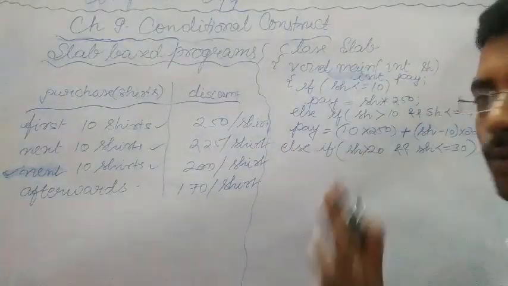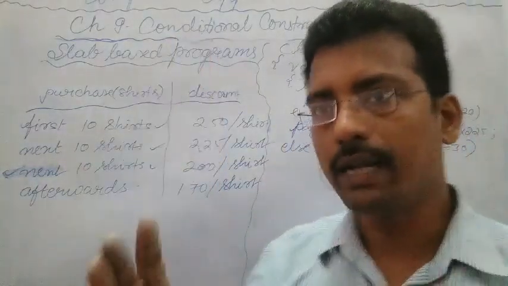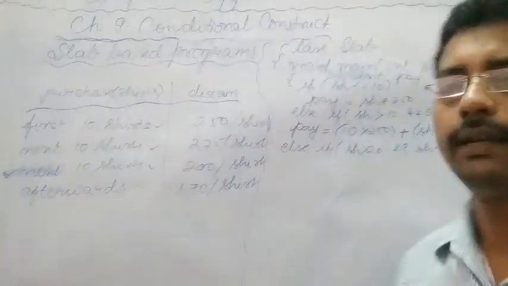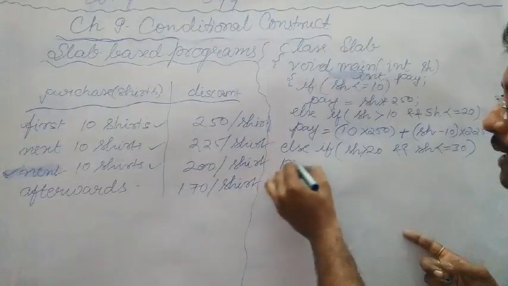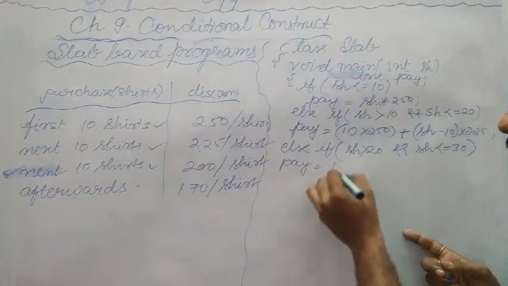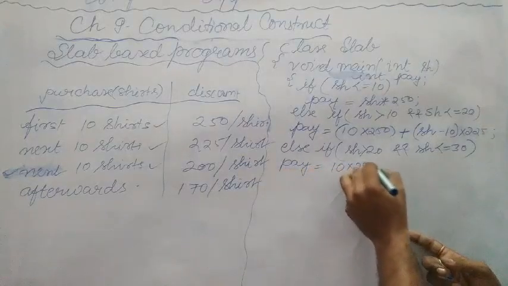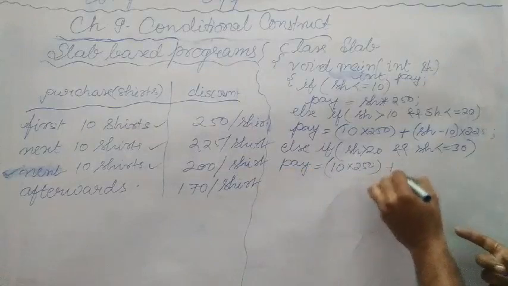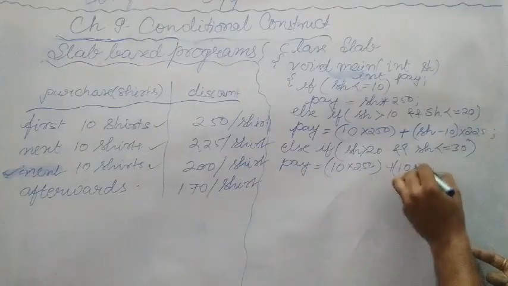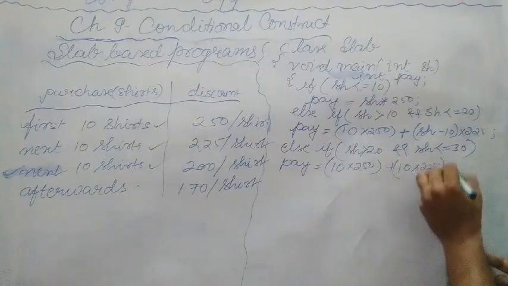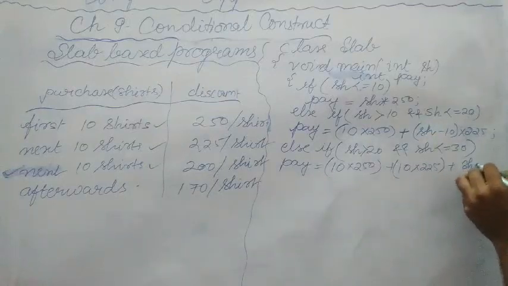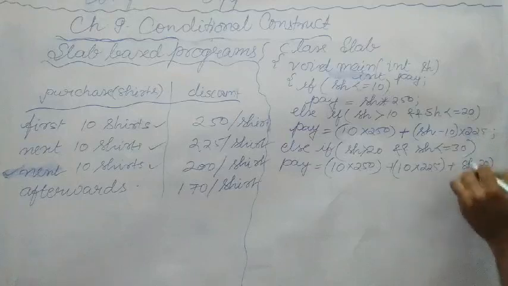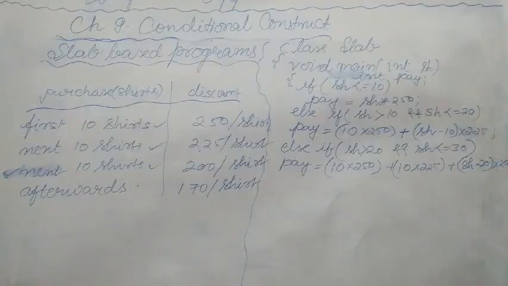No, we have to include all conditions in this third criteria. So we will write pay equal to first 10, that will be of 250 rupees, plus next 10, that will be of 225 rupees, and whatever remains will be in SH. So SH minus 20 will be 10 remaining, and this will be calculated with 200 rupees.